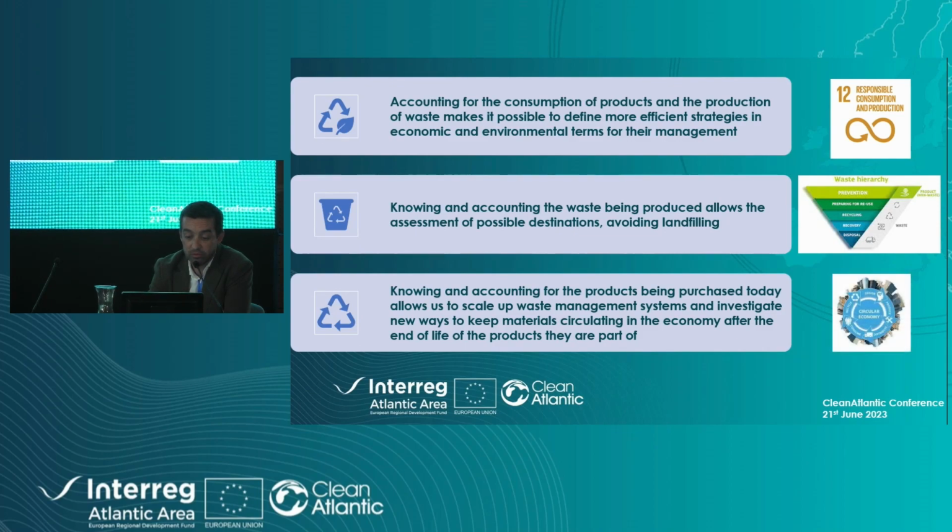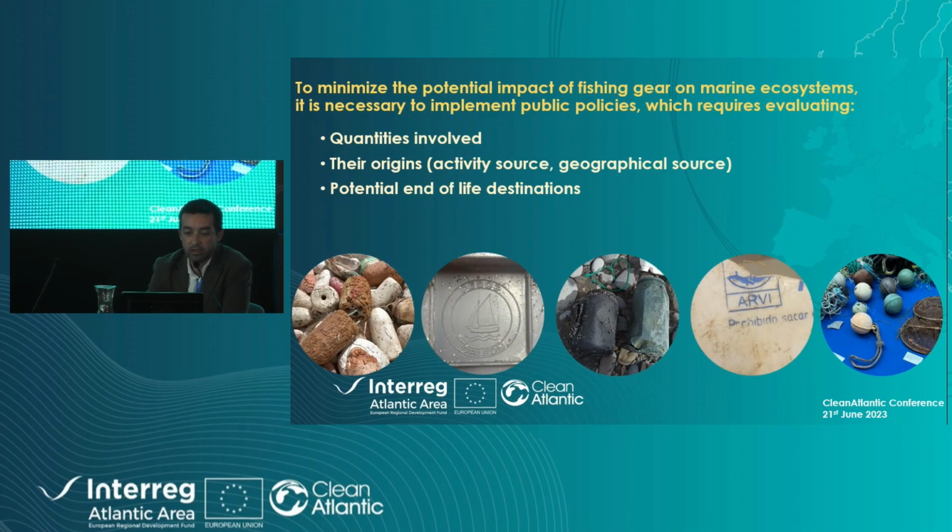And knowing and accounting for the products being purchased today allows us to scale up waste management systems and to investigate how to keep it circulating in the economy, so circular economy. This is also one of the main areas of work in my department. So we need to go from waste to circular economy.